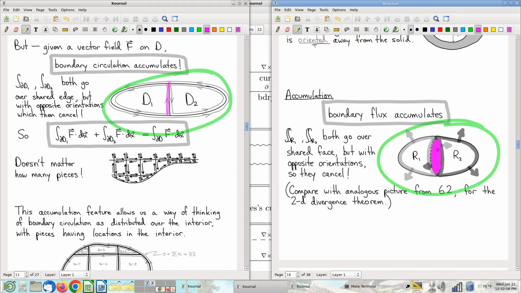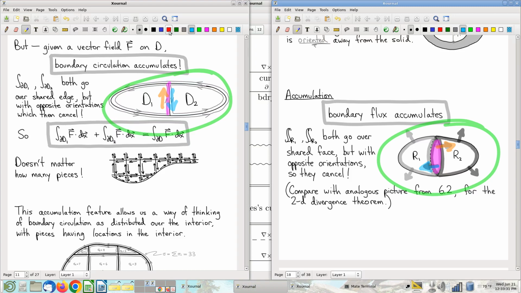your solid, when you make these cuts, you introduce new boundary, right? But that's part of the boundary of both sides, and one oriented one way, as part of the boundary of the left side, oriented one way, as part of the boundary of the right side, oriented the other way.